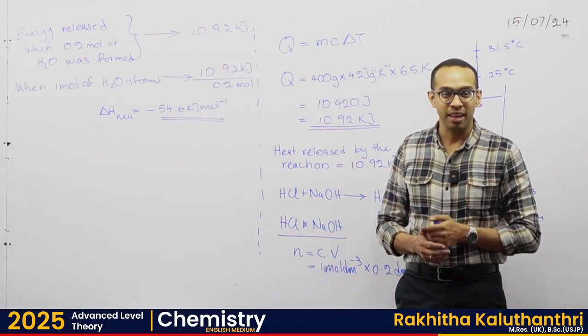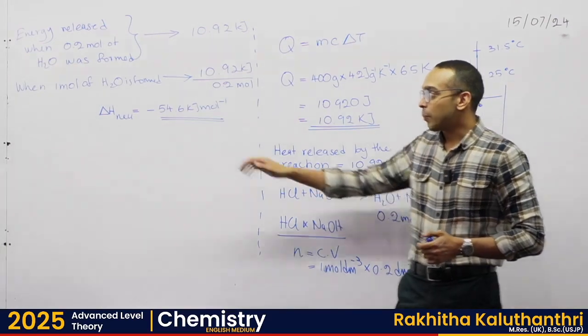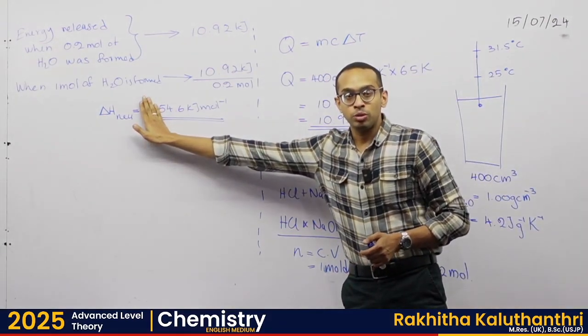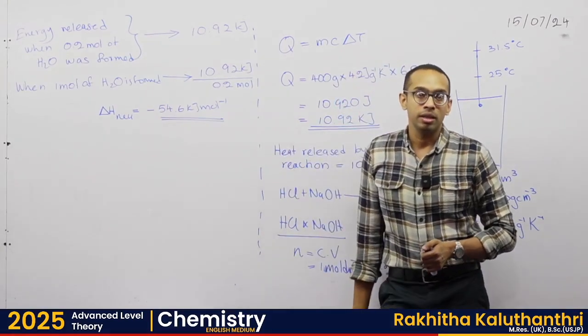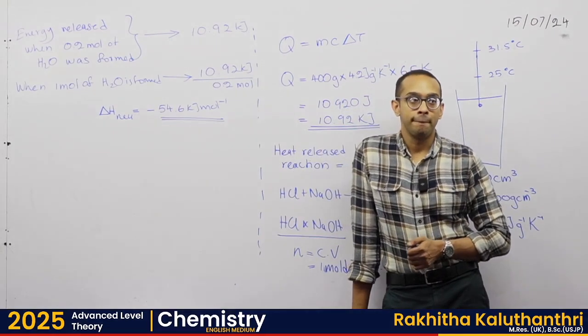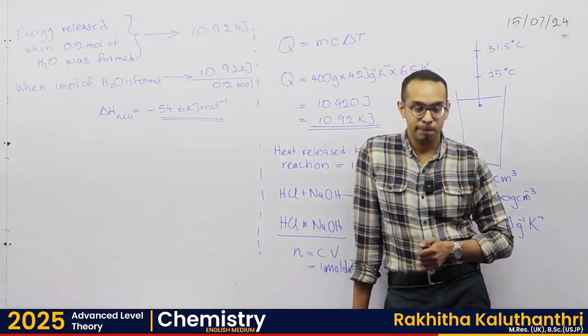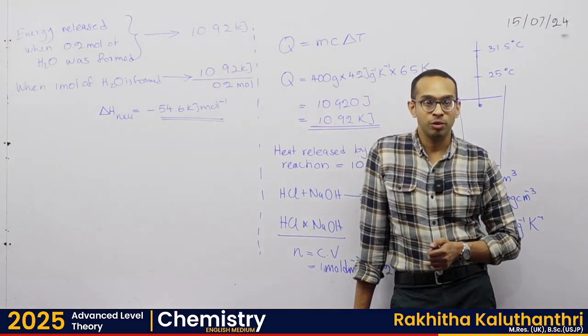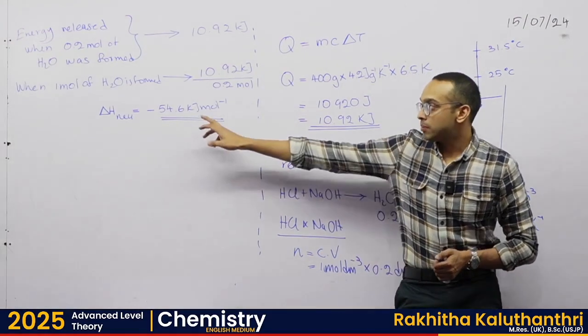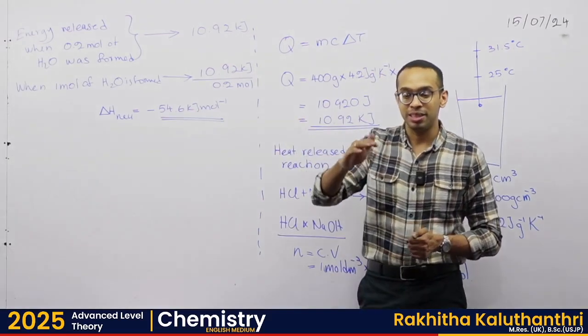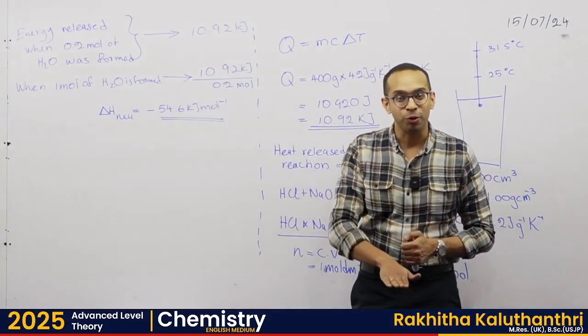But keep in mind, we are talking about energy values here. I mentioned that Q is less than the actual Q, but because we are multiplying it by minus 1, the inequality flips. As a value, if this becomes, let's say, minus 50 kilojoules, mathematically it is a greater value than minus 54, right?